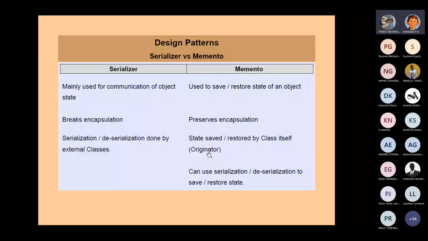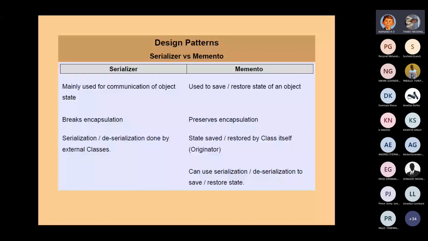In a memento pattern, the state is saved and restored by the class itself, the originator. So that's an important consideration. For the memento, the originator has to be involved in saving and restoring its state, whereas in the serializer, it's the exact opposite. The class itself does not participate in the process. It's done by external serialization classes.